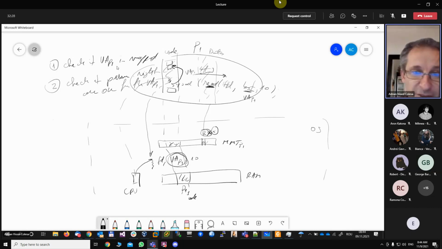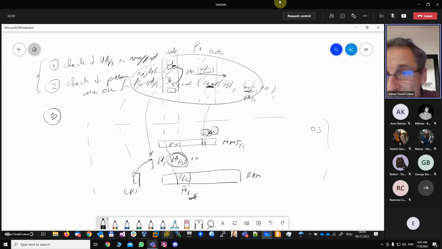Again, there is a function which allows you to check permission rights like that. If I remember correctly, the same function allows you to check both such conditions for a virtual address, checking if it is mapped and at the same time if the needed permission rights are allowed. And the third condition to be checked is because of this aspect.